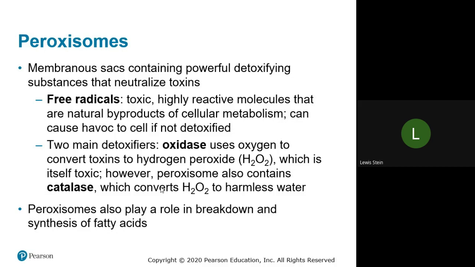To convert the superoxide radical, with an enzyme called superoxide dismutase, without balancing the equation, it turns it, in the presence of water, into hydrogen peroxide, also a free radical. Free radicals are the linchpin of modern cancer theory. So that's the whole idea of what they are.